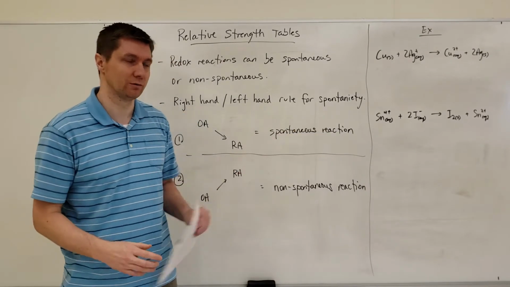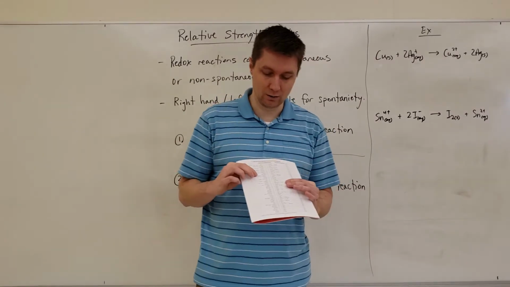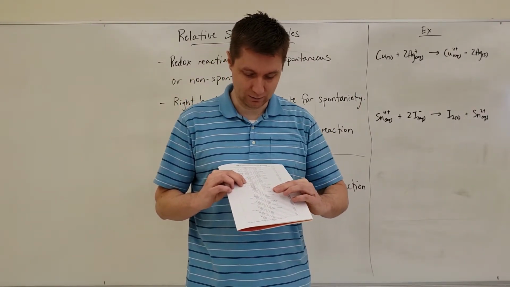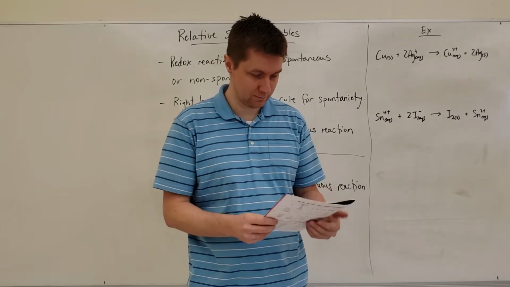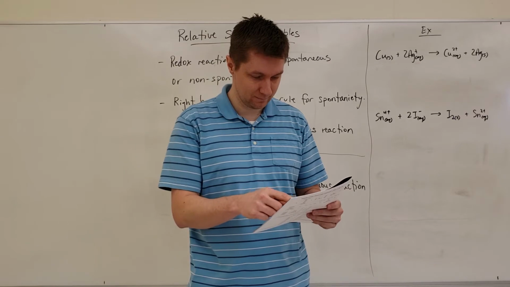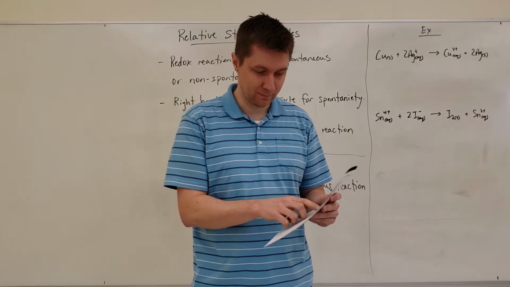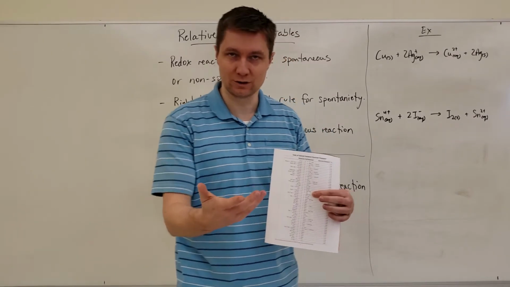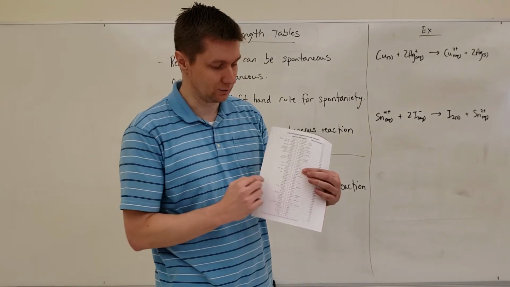So here's an example over here on the board. If you look at copper solid on the chart here, I'm looking at this upside down, right here, I stick my right finger on my reducing agent. There's copper solid.